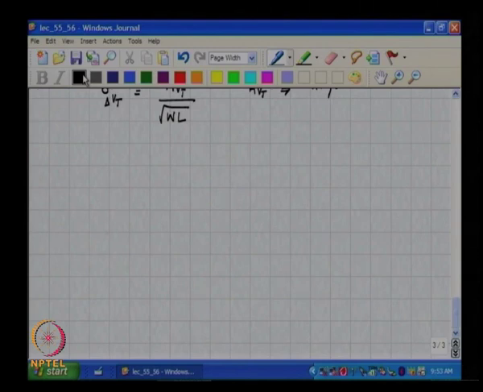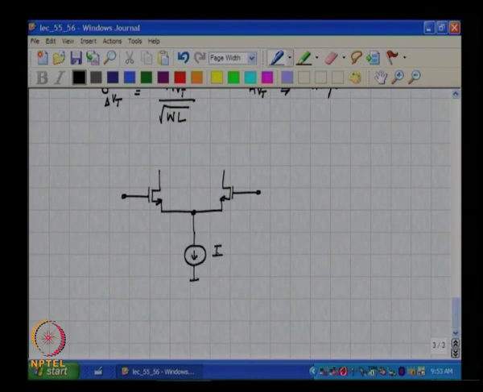So, the next thing is to try and figure out what happens when the current cell is actually switching.